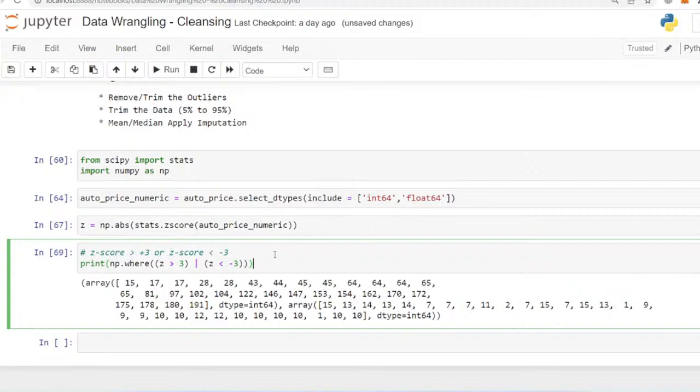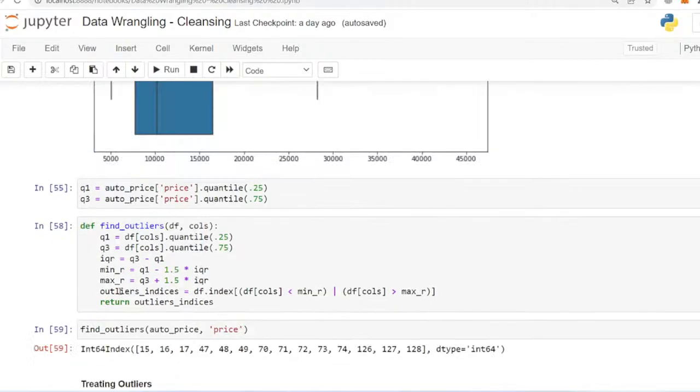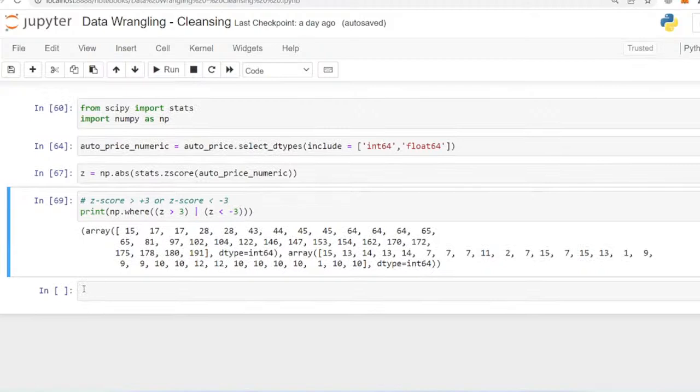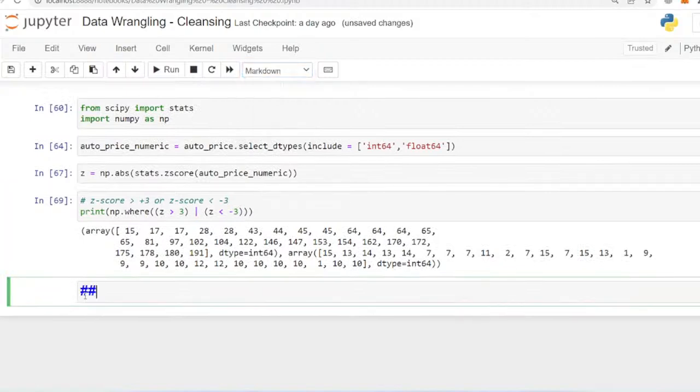Okay, I think this is more than okay. One more way to find outliers. As I said about the trim data part, some of it could be done the other way around. Instead of going for just the z-score value or this outliers part, we can also target some data visualizations.